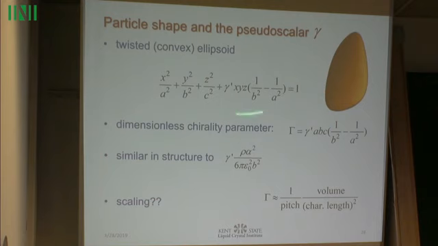And the equation looks like this, and so you can see that there is indeed a sort of pseudo-scalar lurking in here, which is not dissimilar to the quantity that I was showing you before. So it's just interesting to speculate how particle shape correlates with the dielectric tensor, which tells us about light propagation. Okay. There are many people who are proposing different metrics to measure chirality, and of course every metric gives a different result.